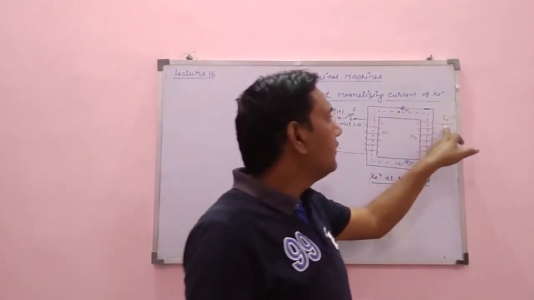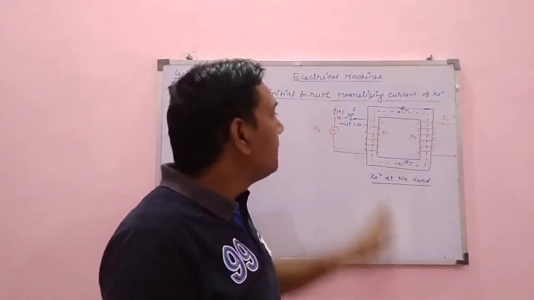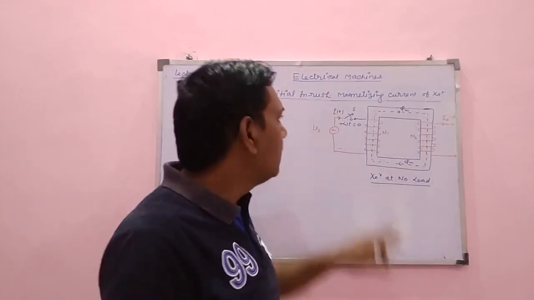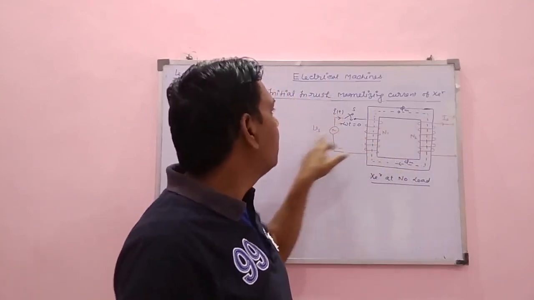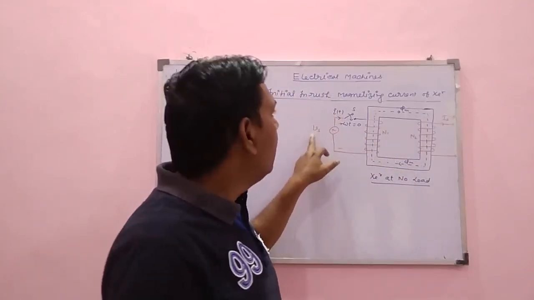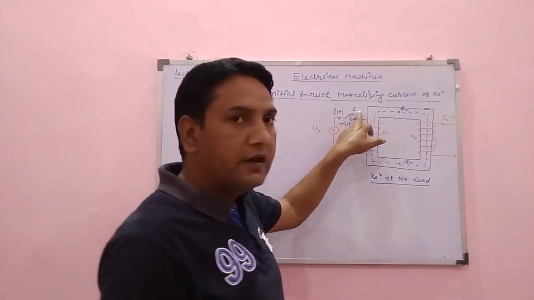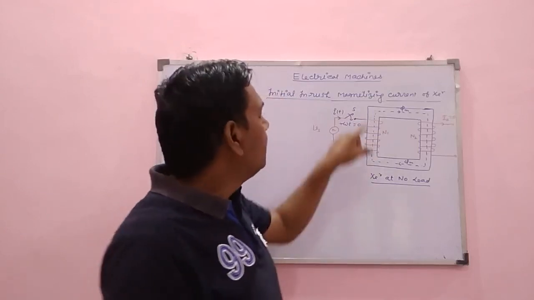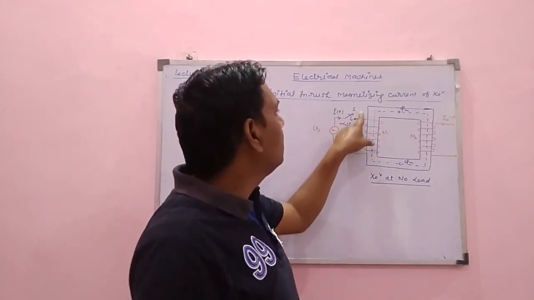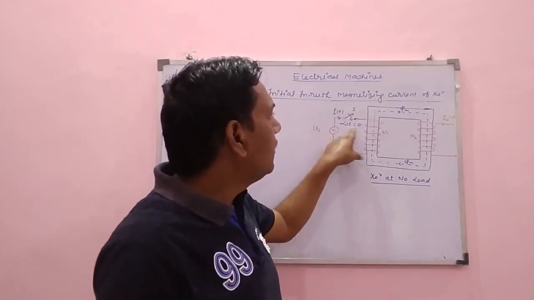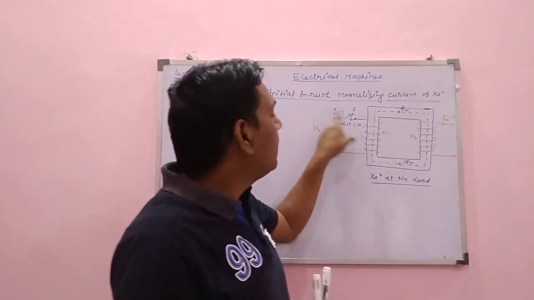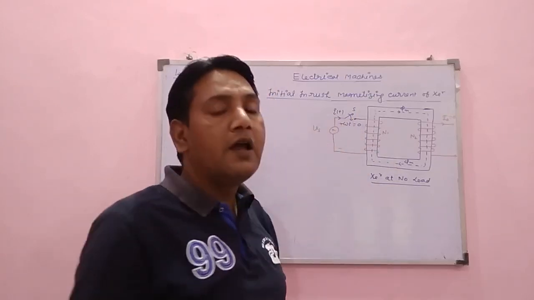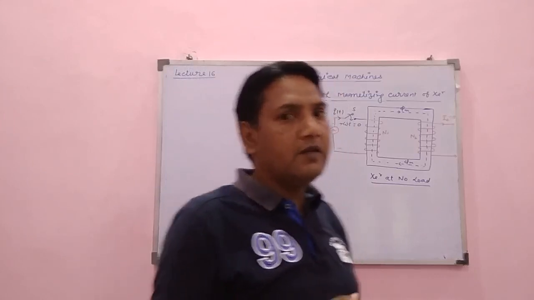Under no load, the secondary current I2 is equal to 0, but the core will get magnetized because we connect this transformer to the supply voltage, and the switch S is closed at omega t is equal to 0. At that time the transformer will draw a very huge amount of magnetizing current.